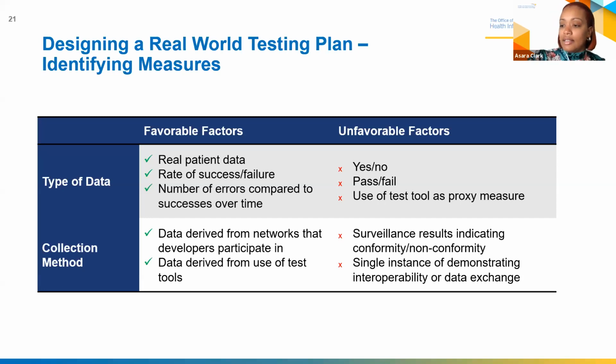So this is just something that we like to be sure we go over, so that you have within your approaches and thinking what you should steer clear of and which direction you want to be thinking in as far as a measure that could truly be effective at demonstrating real world testing.